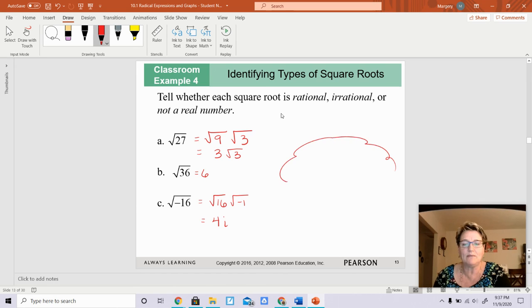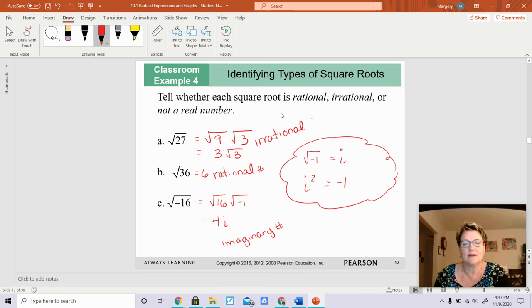You guys, you have to remember that imaginary numbers, the square root of negative 1 is i. i squared, just in case you forgot, is negative 1. These are imaginary numbers. So this one here would be imaginary, which is not a real number. So this would be imaginary. This would be a rational number. And this would be an irrational number because it does not terminate or repeat. Alrighty.